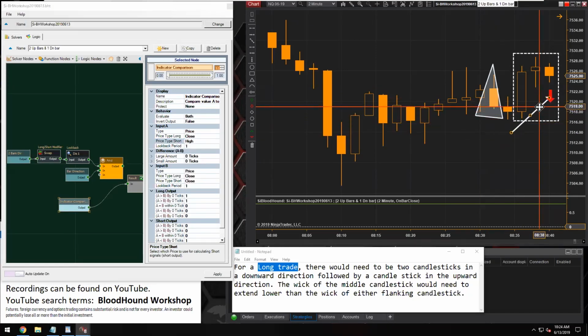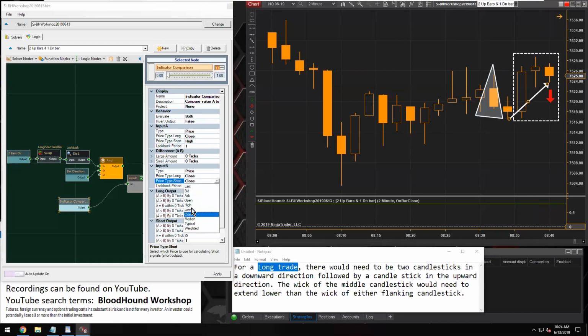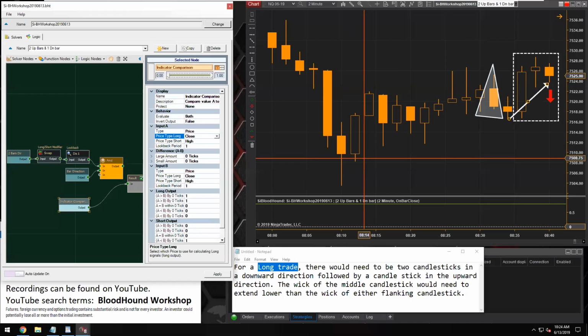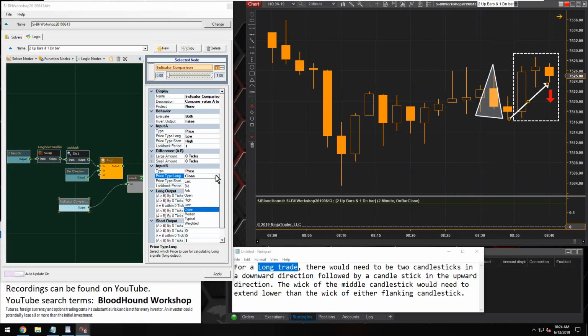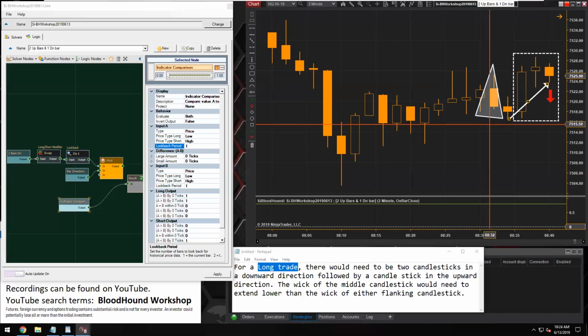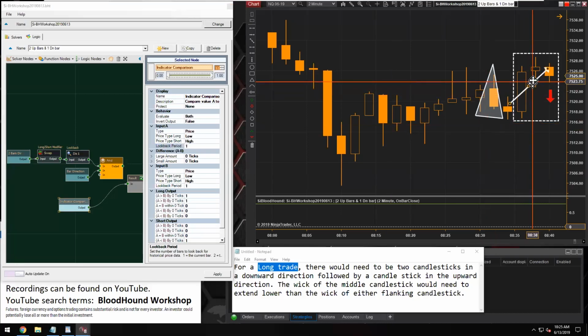Let's put both of these on the high. For a long signal, we're using the low wicks, so let's change these to the low price. A look back period of 1 is the most recently closed bar, this bar. If we want to look back 1 bar, we need a look back period of 2.